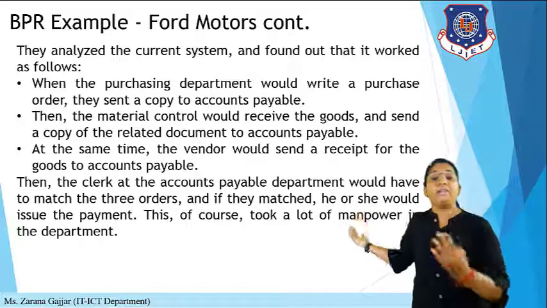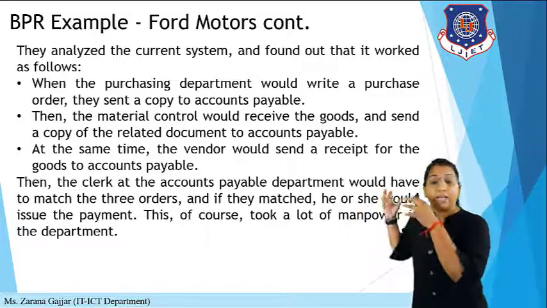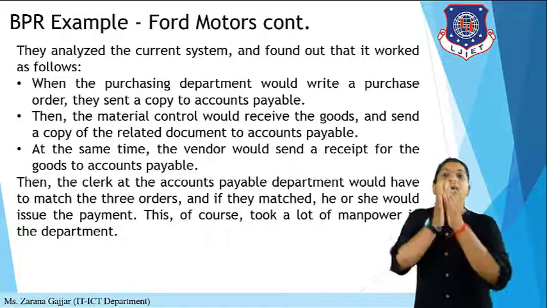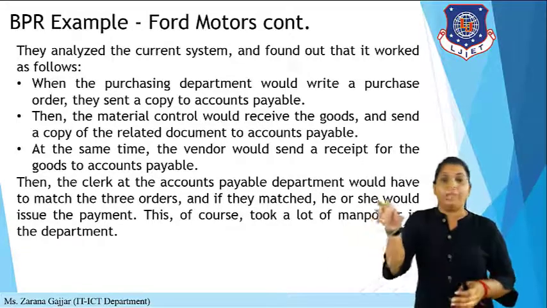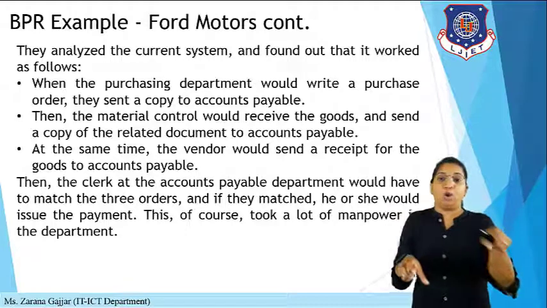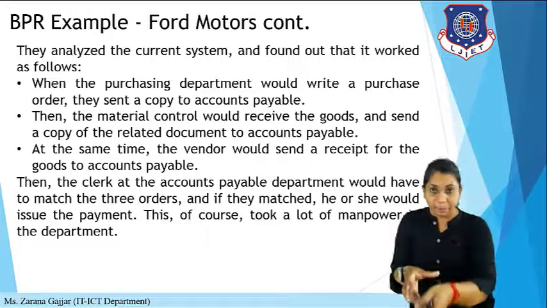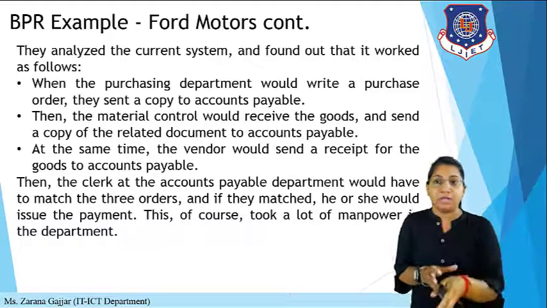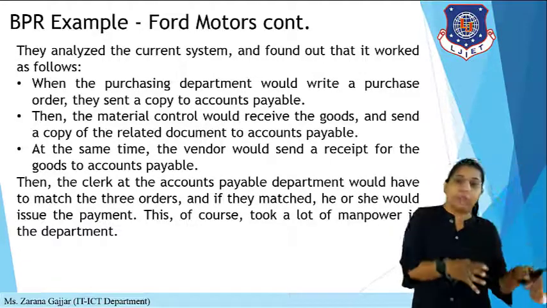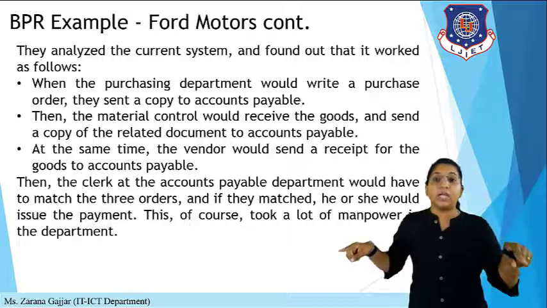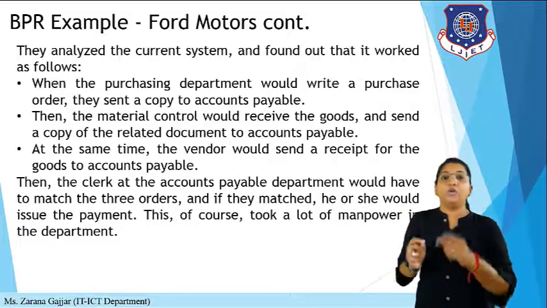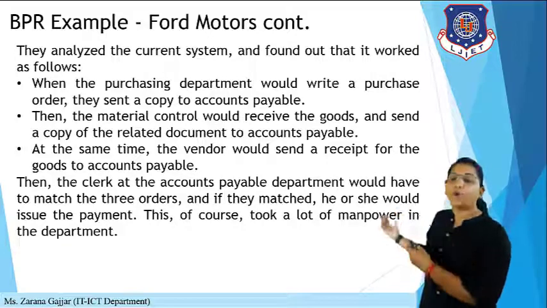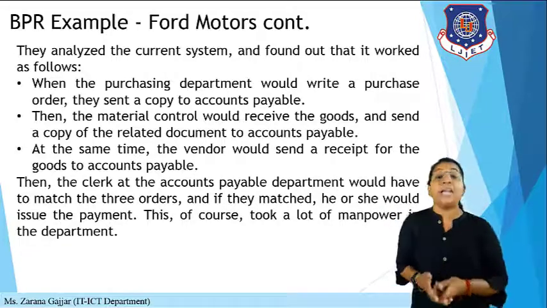So each department was sending its individual document to the accounts department, and the clerk would have to match three documents. If they matched, he or she would issue the payment, and a lot of manpower was required for that department.